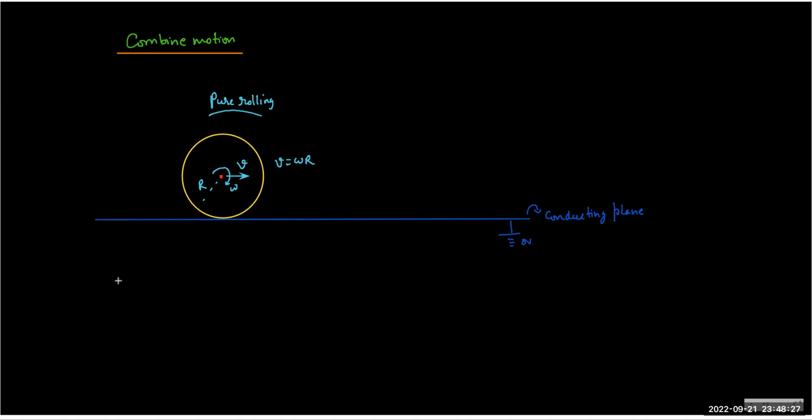If I choose any 2 points on the periphery, they will be equidistant from the center. And we know that in the CM frame, it is pure rotation. Yes, sir. Because the 2 points are at the same distance from the center, they must have the same potential with respect to the center. How much? Half B omega L square. Understood?